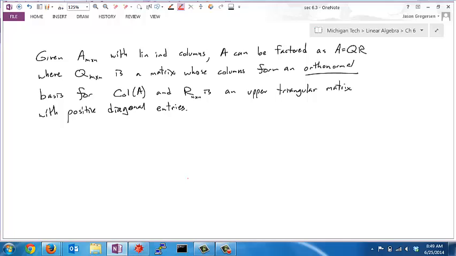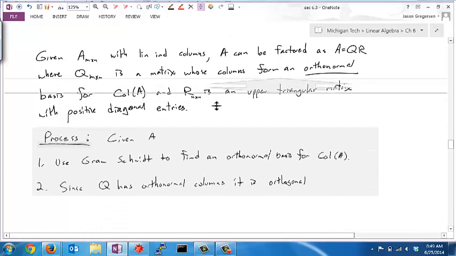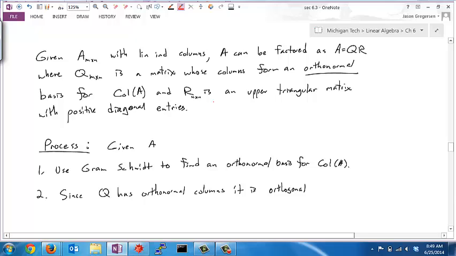So we do Gram-Schmidt. The first step is to use the Gram-Schmidt process to find the orthonormal basis for the column space of A. So you go through that process to find those orthonormal vectors, and you throw those into the columns of Q. So that's how we find Q.